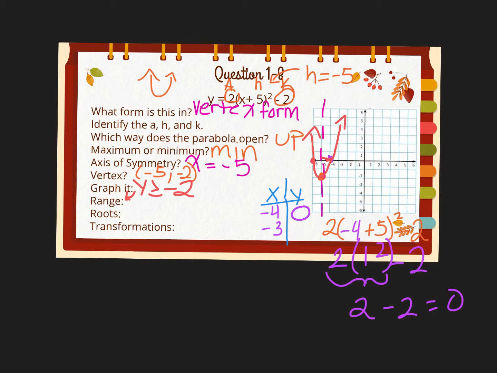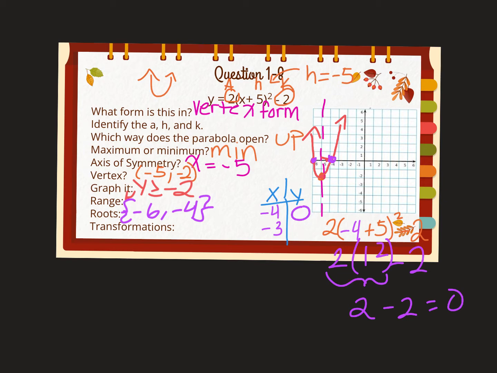It crossed at -4, and we went 1 to the left, so -6. So there are 2 ways you could write it. You could do -6, -4, but we're not going to put parentheses because it's not a point. It's a list of numbers. So there you go.